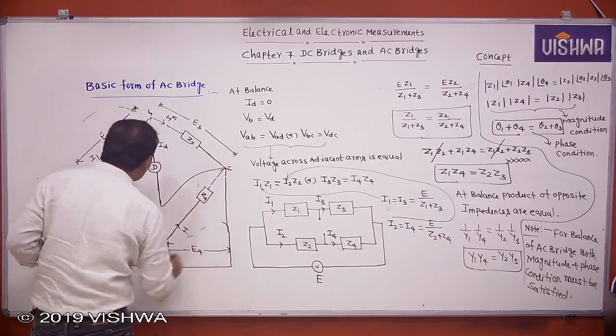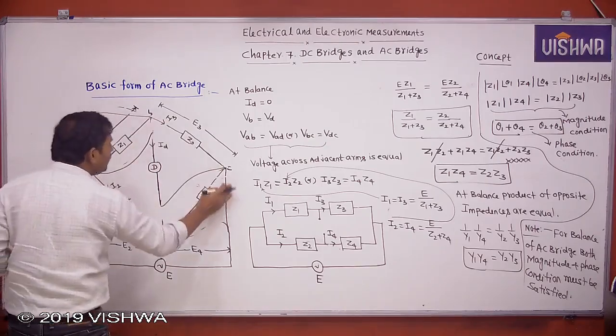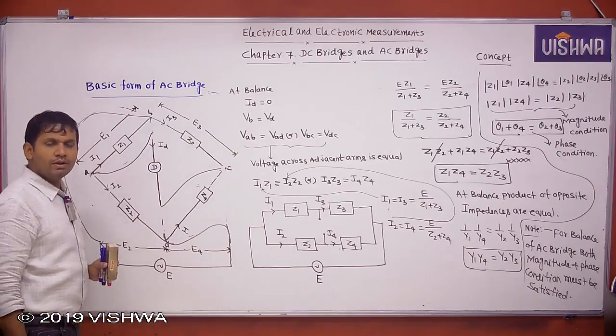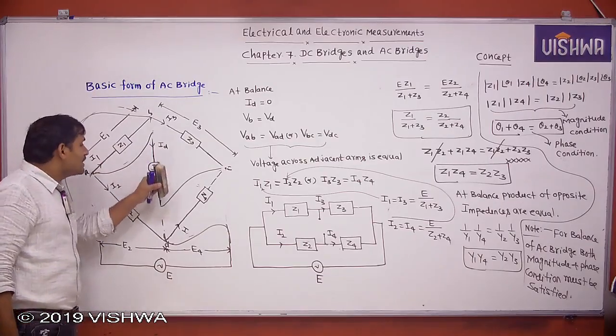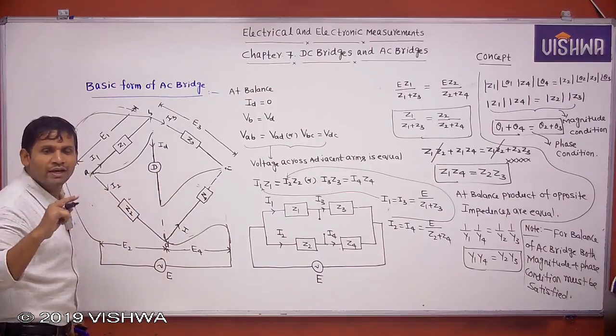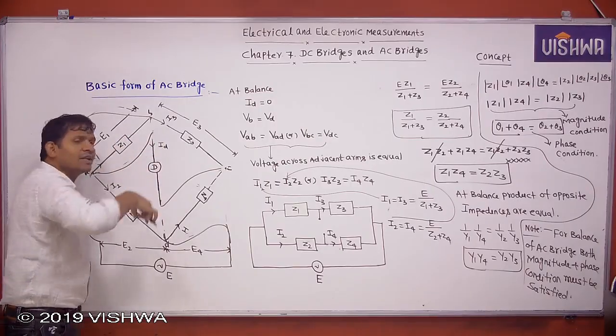Now I am connecting the detector between A and C terminals and the source between B and D terminals. Then the balance condition will not be affected. Even though you interchange the terminals at balance condition, the bridge is still under balance.